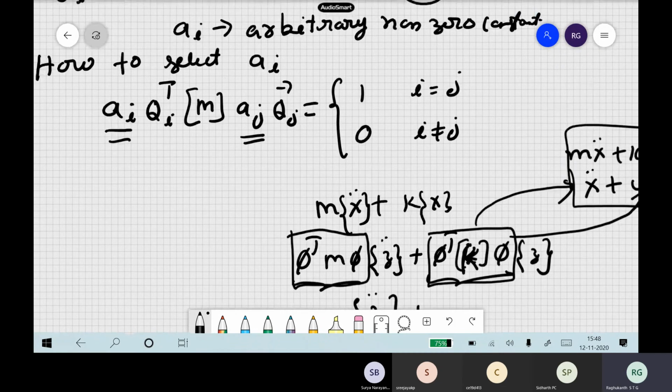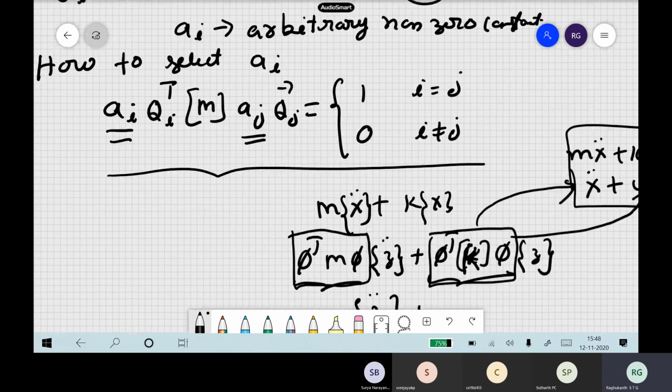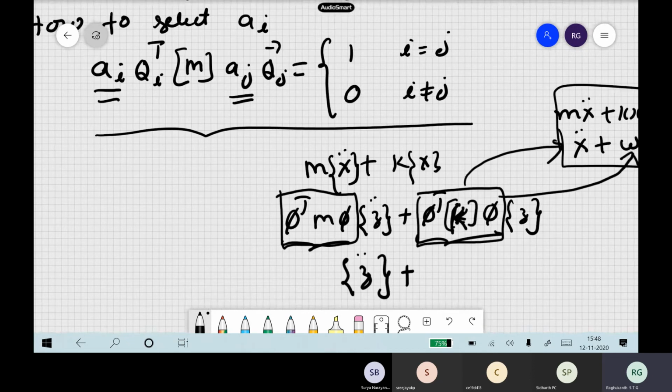That is how we select the amplitudes, such that AI phi transpose m, Aij phi transpose, should be 1 when I is equal to j. Or you can also write this equation as AI phi transpose multiplied by k. When you put the k matrix here on the right hand side, what should be the condition here? If I replace m with k, now what should happen?